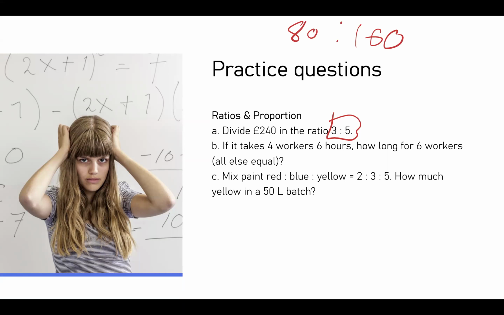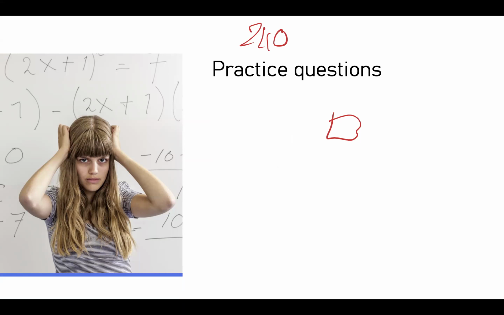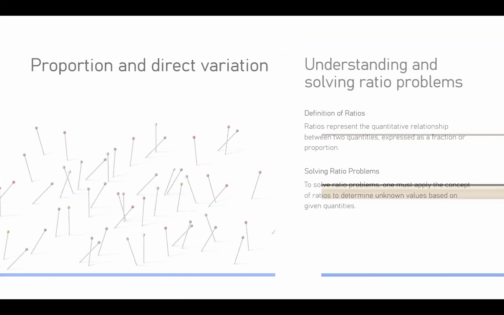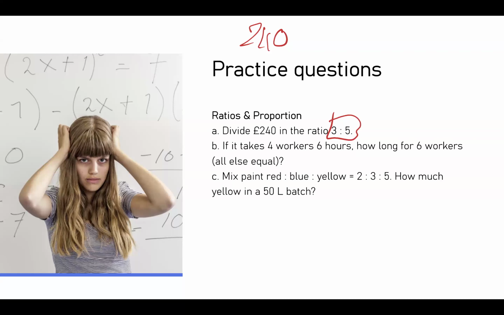So what you would do here is divide by the lowest number, which is 240 divided by 3, equals 80.